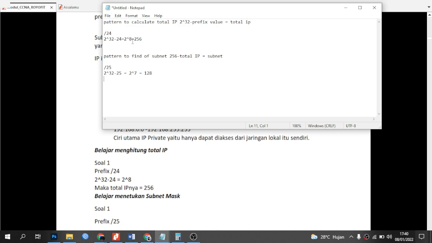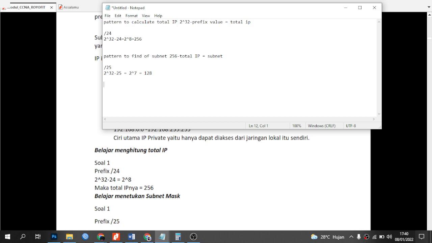Then the subnet is 256 minus 128, which is 128. Okay, so for the subnet mask, we will enter this number in the last octet.